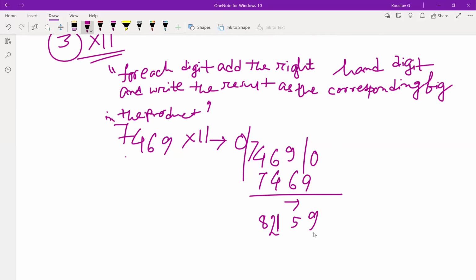So 82159 in that way. This is the approach.